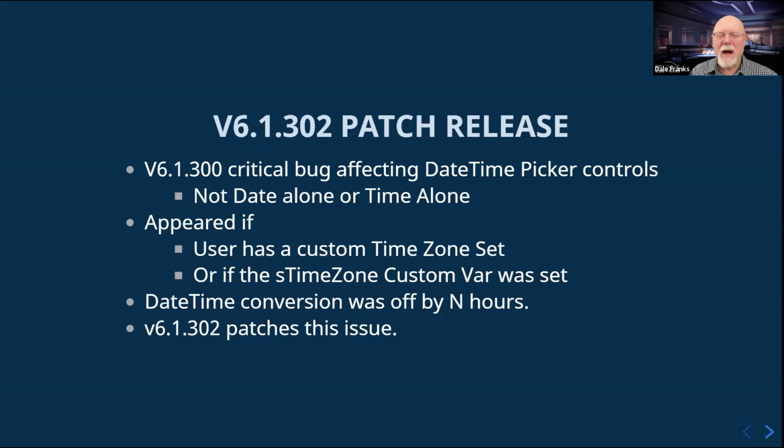And it would be off by N number of hours. And it was off by a weird N number of hours. I was seeing a 15-hour difference on one form that I had.